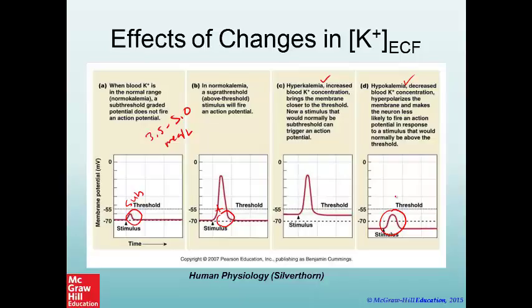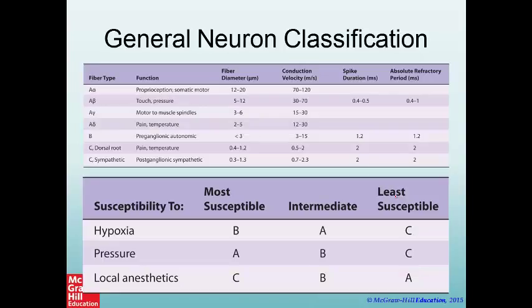So changes in ECF potassium can be devastating to multiple organ systems, particularly the nervous and muscular systems, the electrically excitable systems. We classify neurons based upon size primarily, and that size is the diameter of the axon.